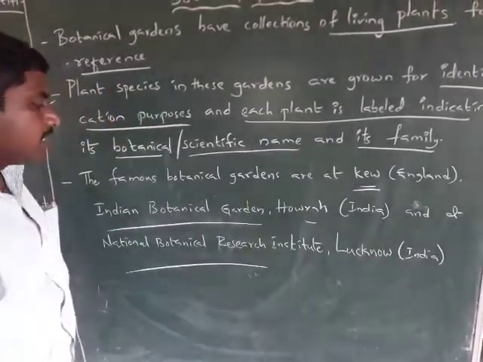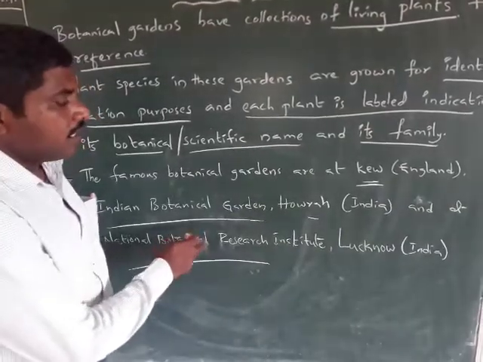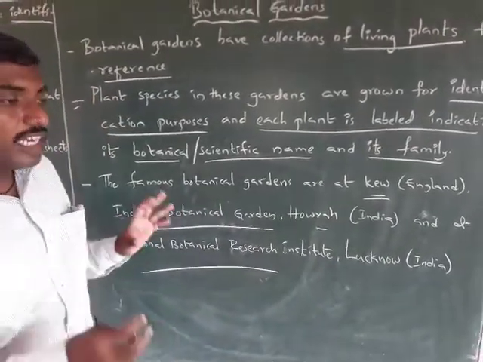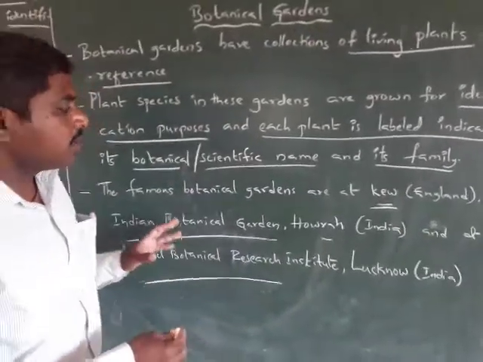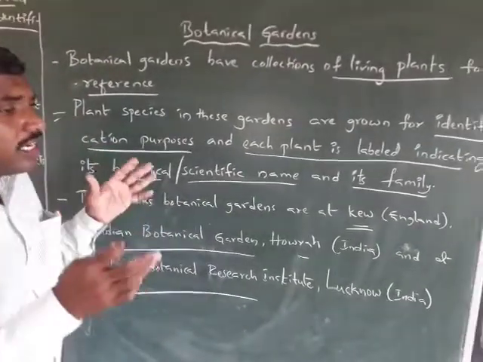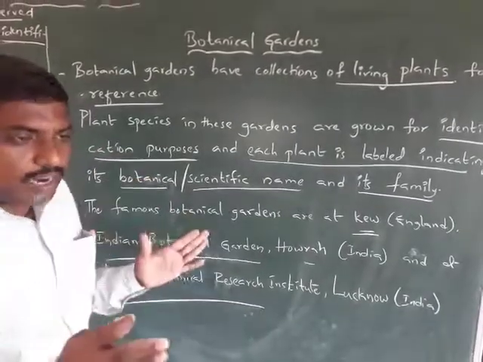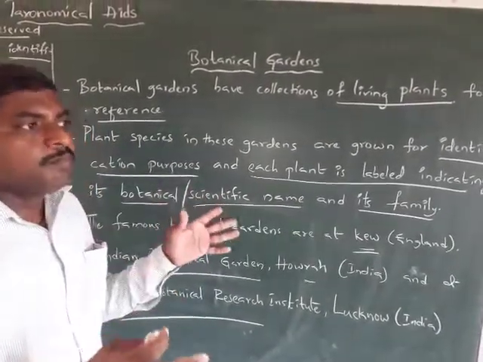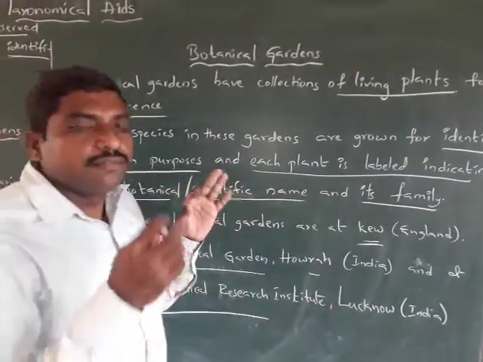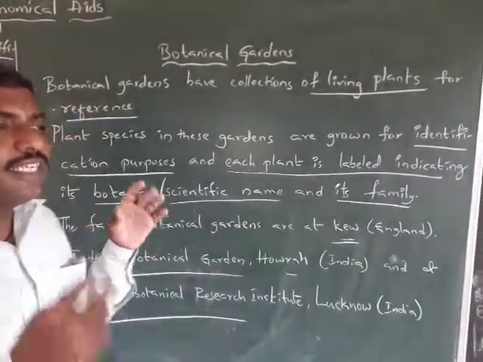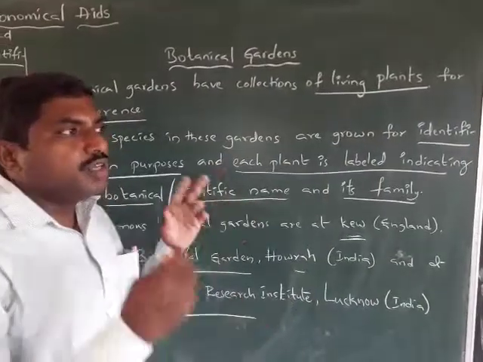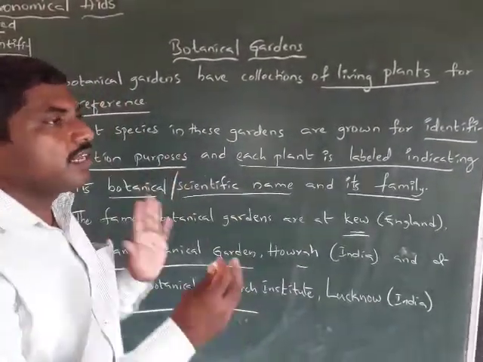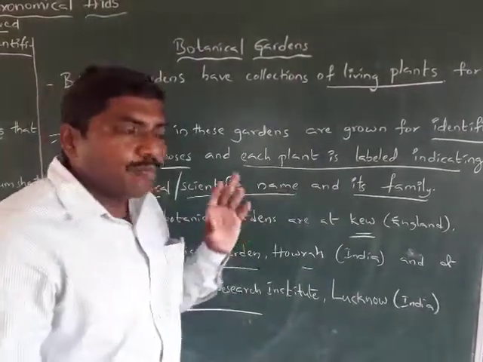These two gardens are located in our India and are also used for the identification of plants. They have living plants with labels containing the scientific name and the family name. That's why we can easily identify a newly found plant. These are the reference systems for the identification of plants.